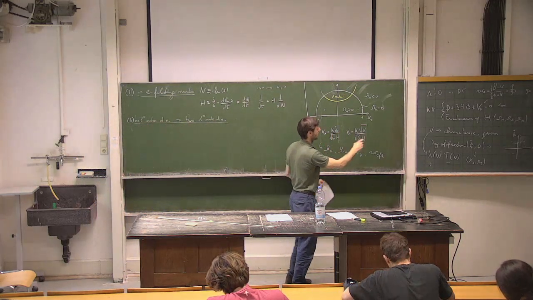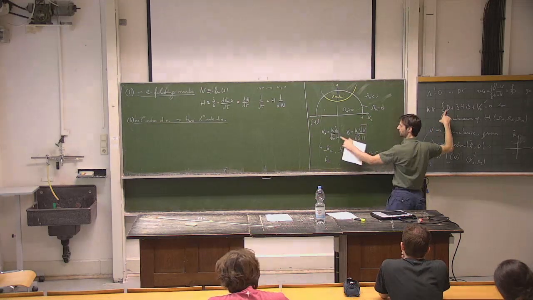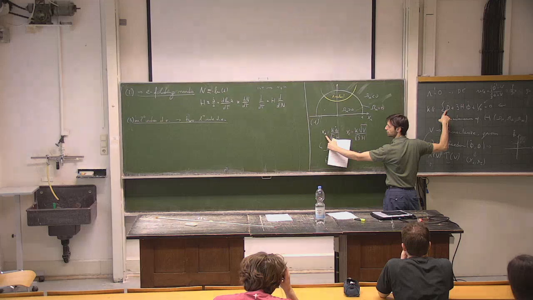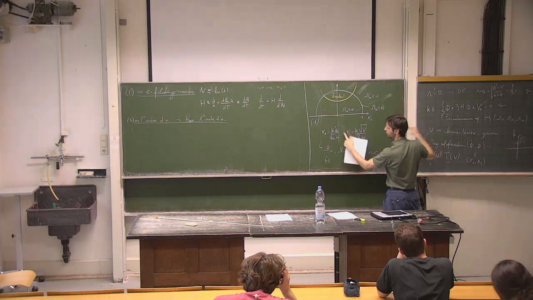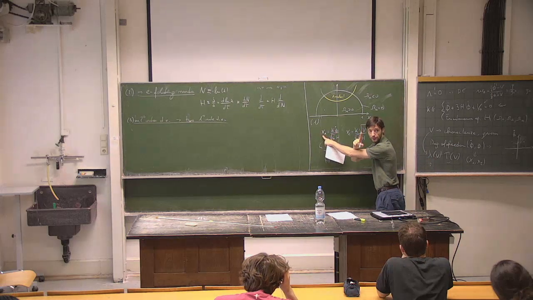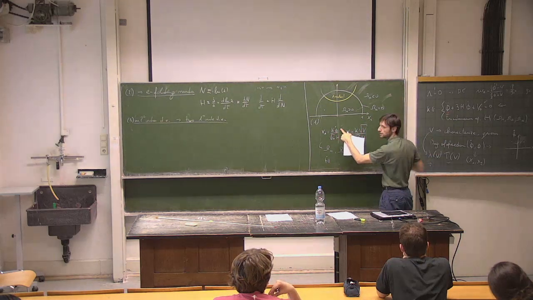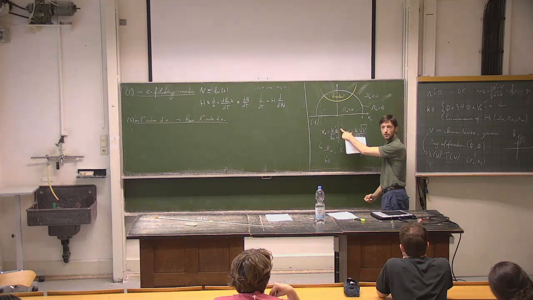Because in the Klein-Gordon equation we would have phi dot dot, but if we express it in terms of x1, you see there is already a phi dot inside. Therefore, x1 dot, one derivative, corresponds to a phi dot dot in this equation.